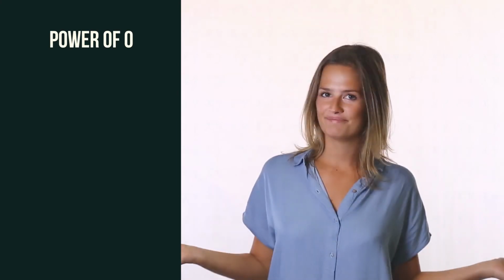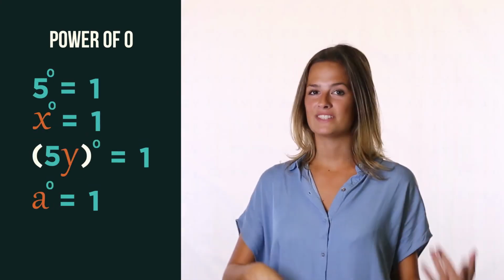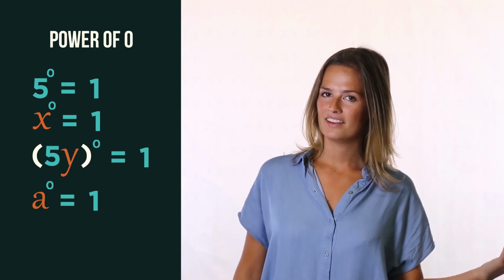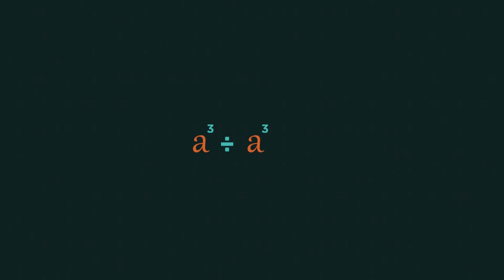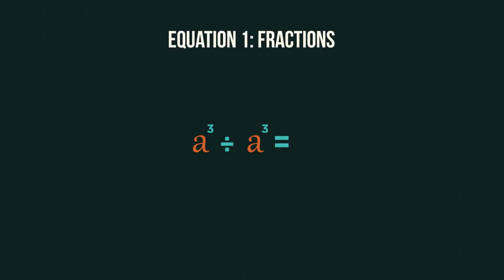So what do you notice about the power of 0? Anything to the power of 0 is 1. But why is this? Let's use our knowledge of fractions and also dividing indices to see why. Do you agree that anything divided by itself is 1? So a to the power of 3 goes into a to the power of 3 once.